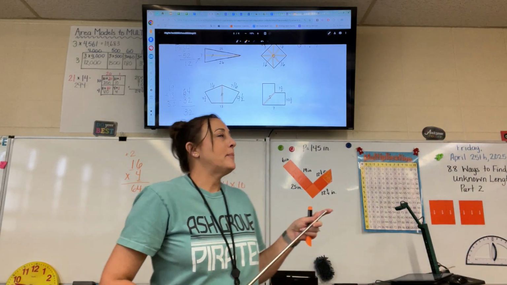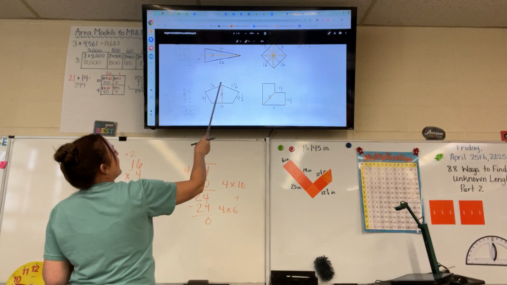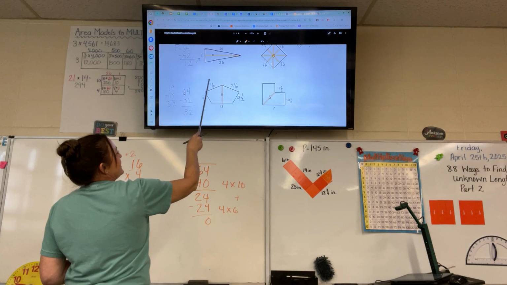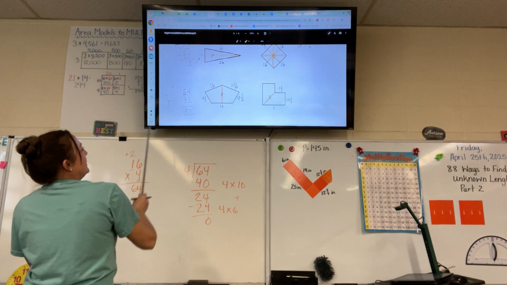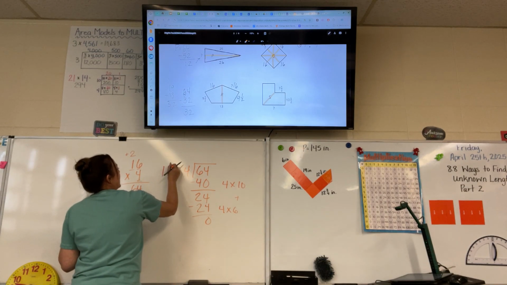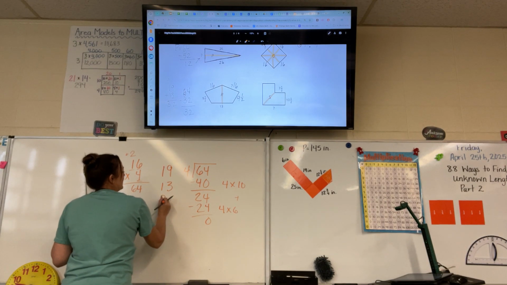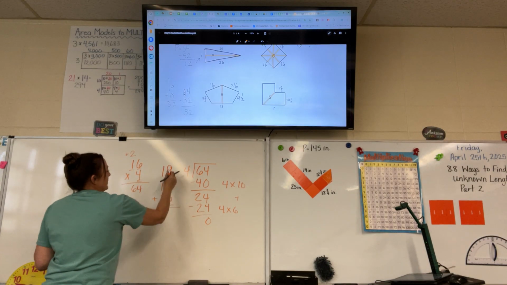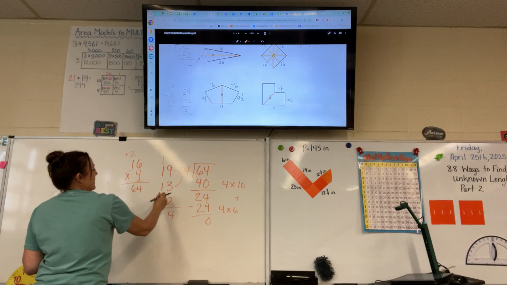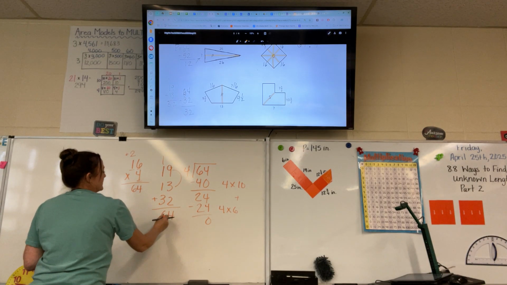And we can check by adding them all up. So we already know that 9.5 and 9.5 is 19, plus 13, plus 16 and 16 is 32. So if I do 19 plus 13 plus 32, 9 and 3 is 12, plus 2 is 14, 3, 4, 5, 6, 64.